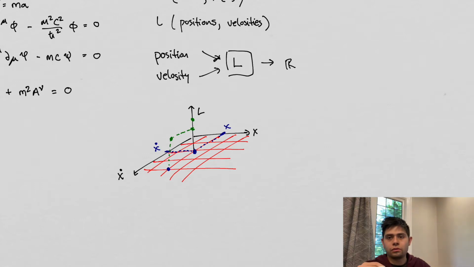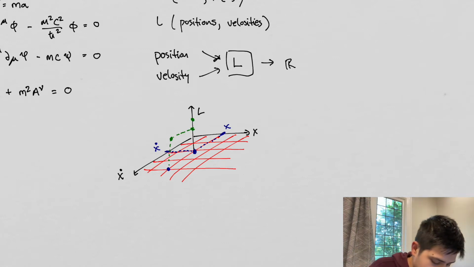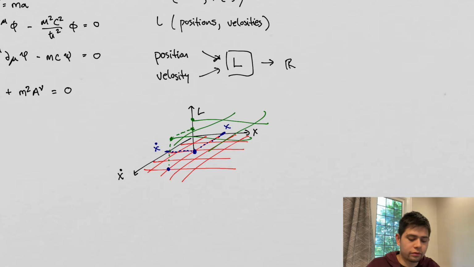And what we build up is something that looks like a field over this grid, right? So say my field looks something like that over the grid.